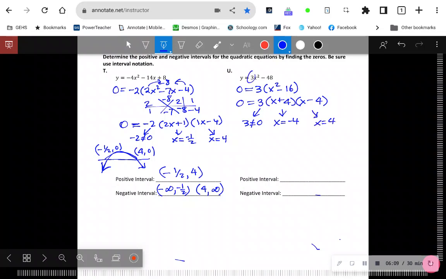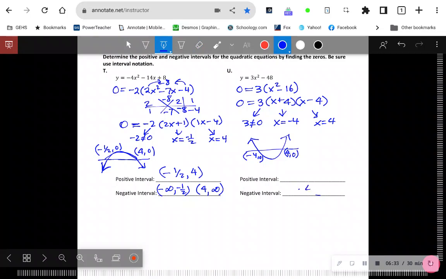Now we have an a value that's positive, so this is a right side up parabola. And the two locations of those zeros are negative 4, 0 here, and positive 4, 0 over there. So we're going to start with the middle section, and since the y values are all down in that section, you're going to call that the negative interval.